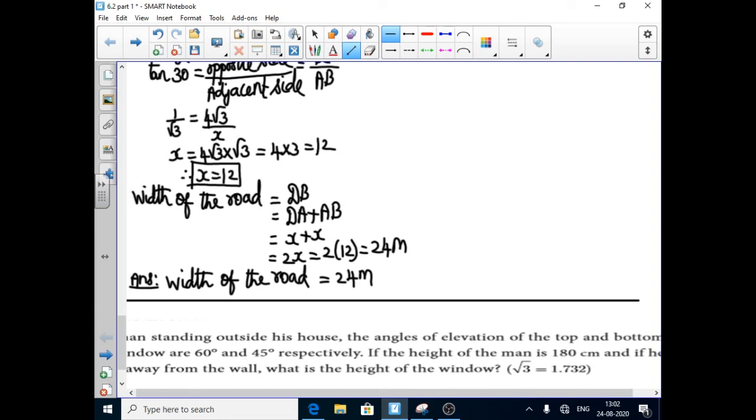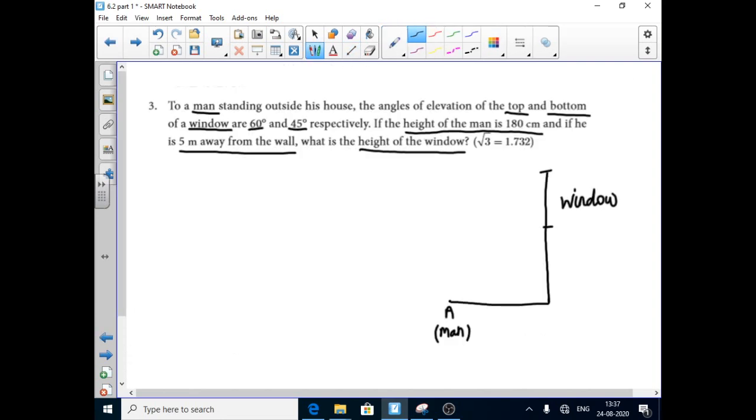Third one, 80 centimeters. Here I mark it as B. This is the height of the man, 100 centimeters. We have to find the angles of elevation. Now they are giving the angles. First, for the top the angle is 60 degrees.